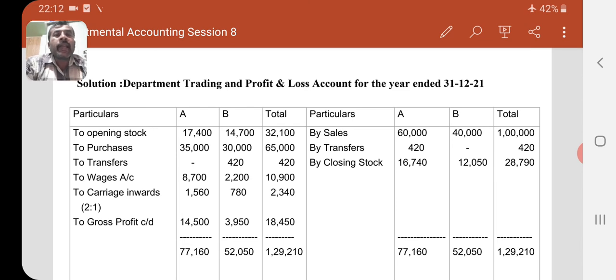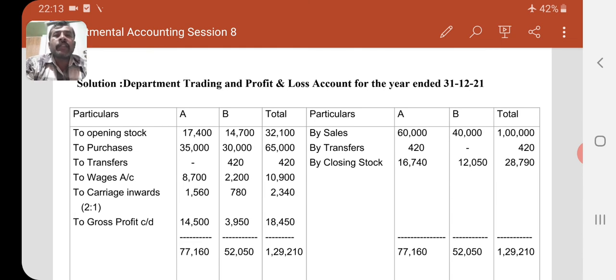Wages are directly given in the problem, for Department A 8,700 and for Department B 2,200. There is an adjustment for the service provided from Department B to A, but it is going to be ignored here. So whatever amount is given in the problem has been debited in the departmental trading account.